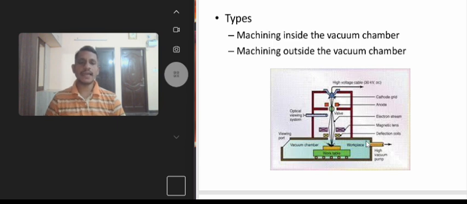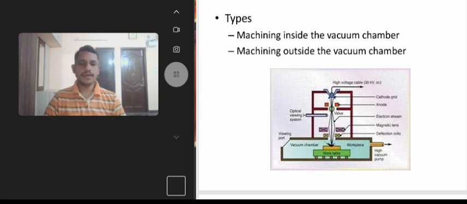The electromagnetic deflector coil is used to deflect the electron beam to different spots on the workpiece. It can also be used to control the path of cut.